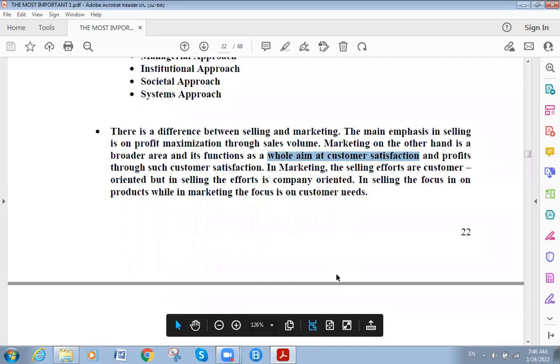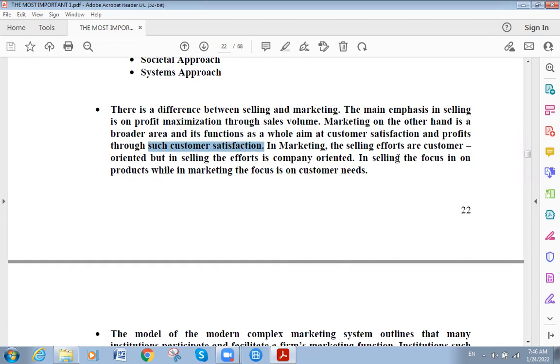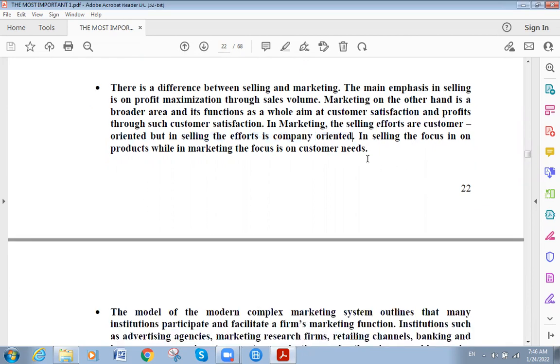So this cares about customer satisfaction and profit through it. So I will also make profit in the marketing concept, but I will do it through consumer satisfaction. In marketing, the efforts are customer oriented, but in selling, the efforts are company oriented. In selling, the focus is on products, while in marketing, the focus is on our customers' needs.